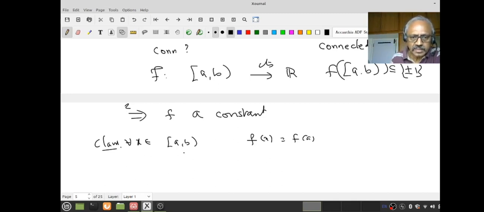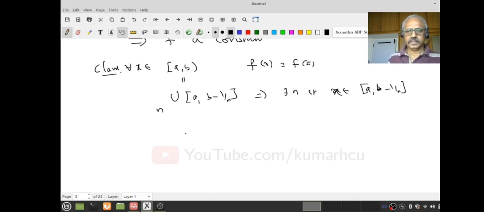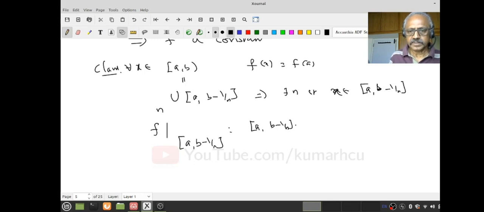Given any x in [A, B), I know this is the union of [A, B minus 1 by n]. Therefore, there exists an n such that x belongs to [A, B minus 1 by n]. Now, when I restrict f to [A, B minus 1 by n], this is again a continuous function taking values plus or minus 1.